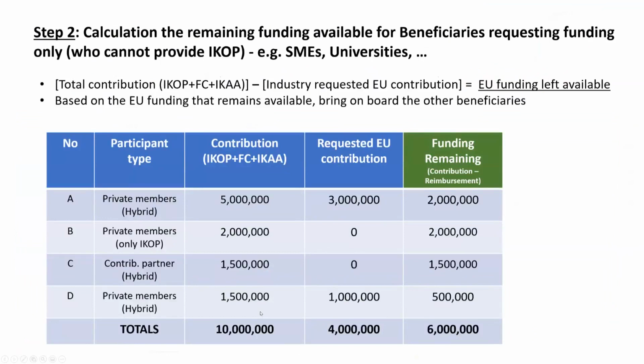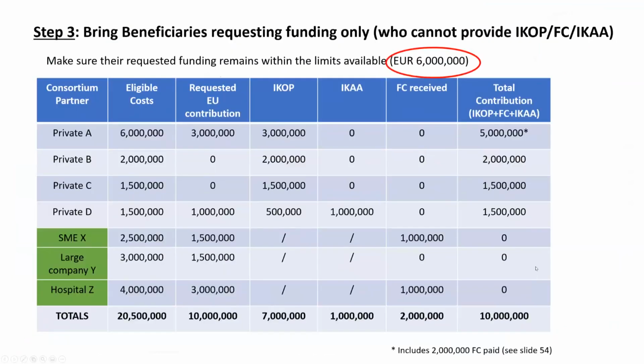And then the second step would be to calculate the remaining funding available for the other beneficiaries, the ones that are requesting funding only. So if you take the 10 million contributed by the industry and deduct the 4 million that have been requested as EU contribution, you get 6 million, which is the EU funding left available. Based on what is left, you can bring on board the other beneficiaries, which are here in green.